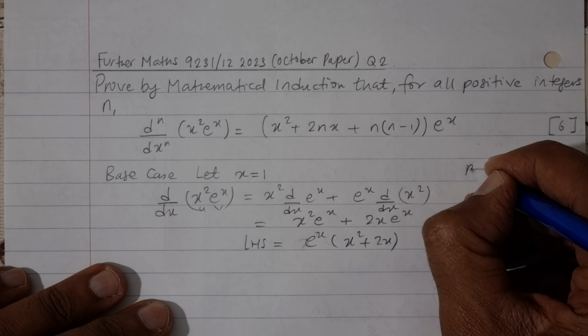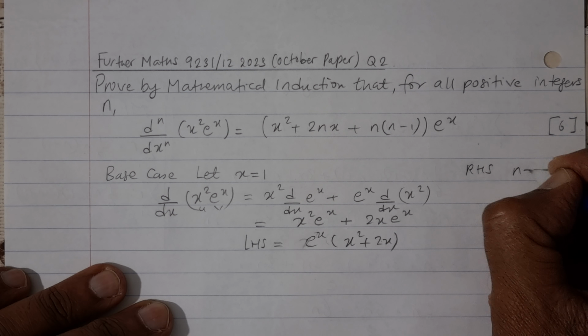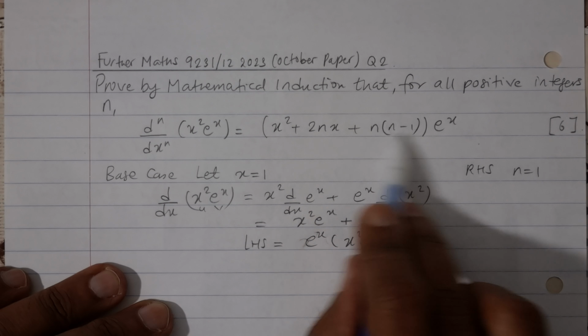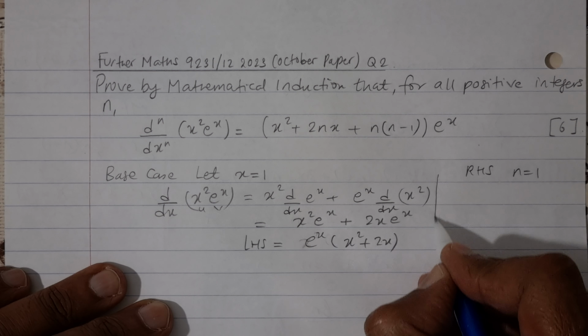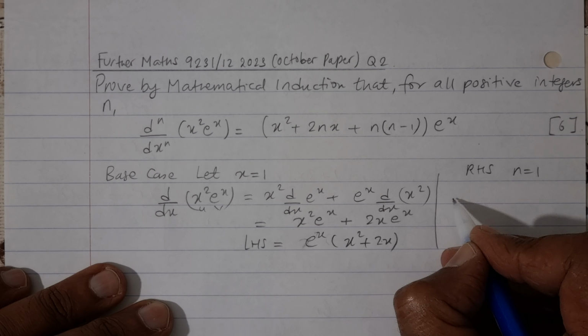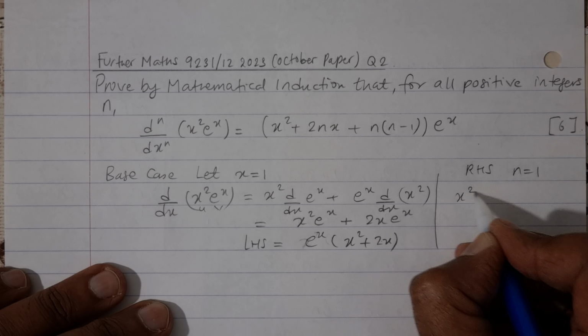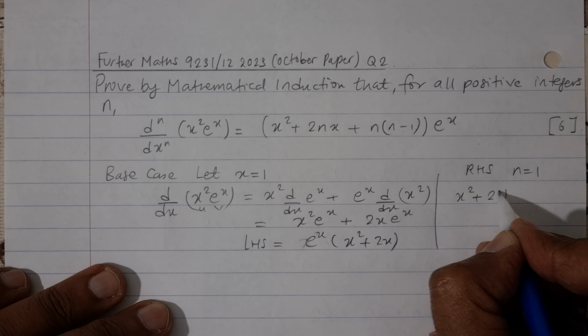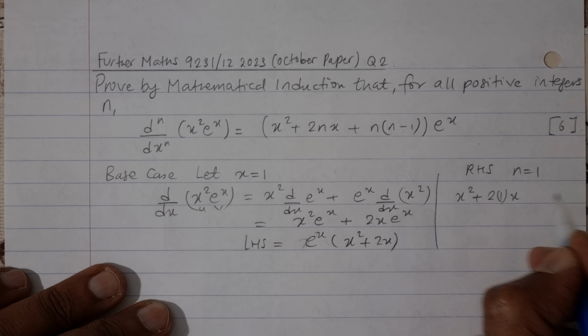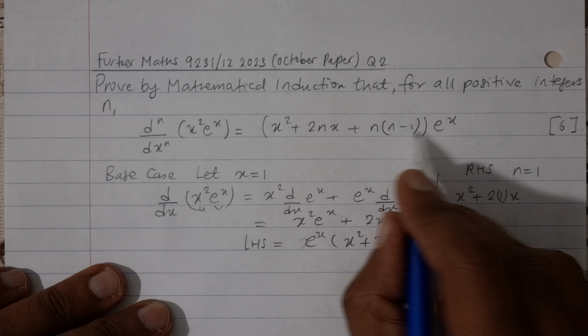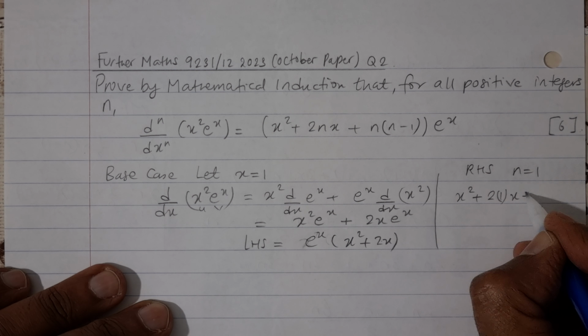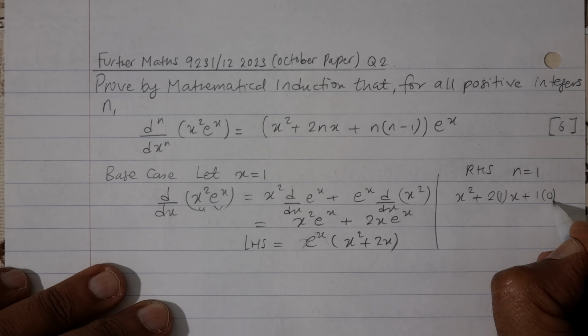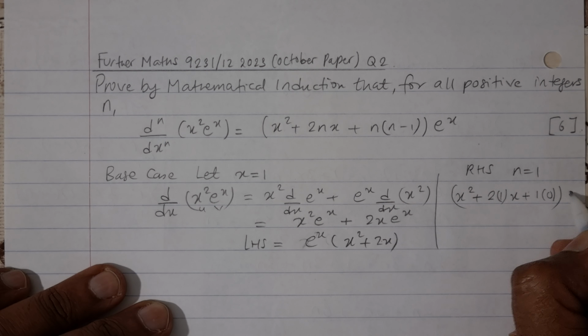When I look at the right-hand side, and when n is equal to 1, we get x squared plus 2 times 1 times x plus 1 times n minus 1, which is 0, and all of that times e to the x.